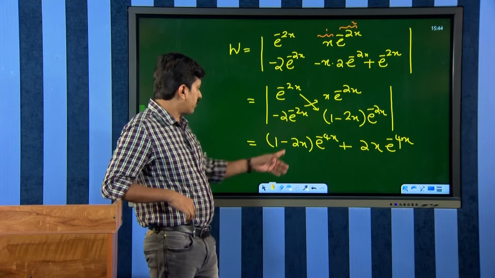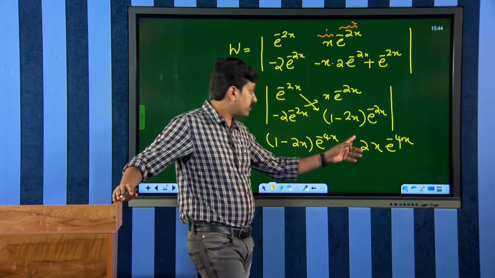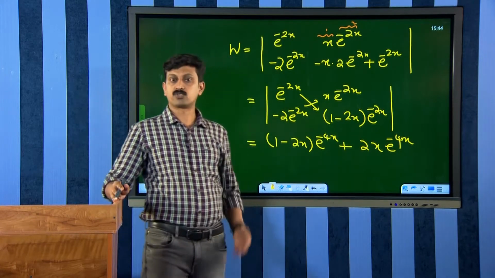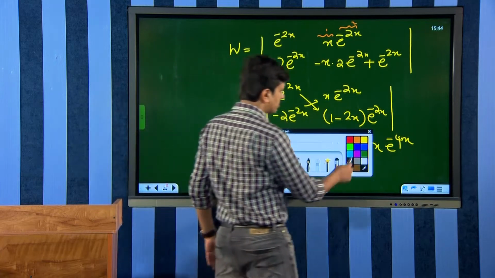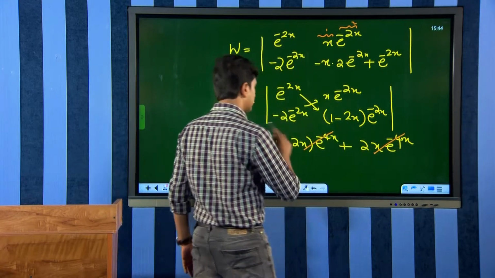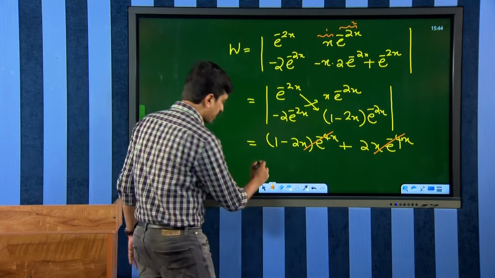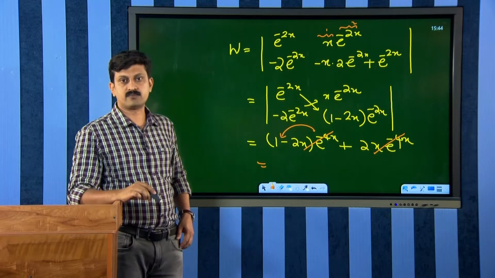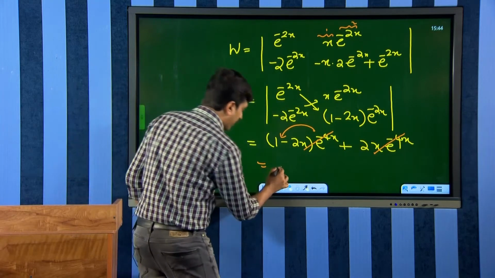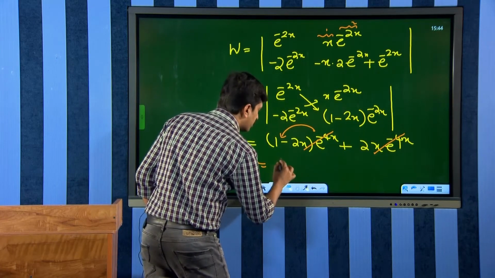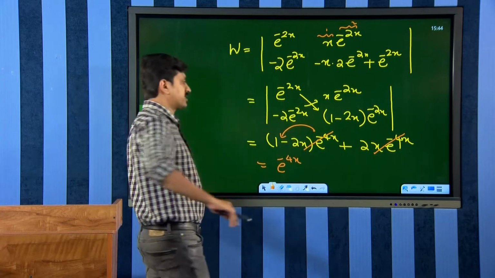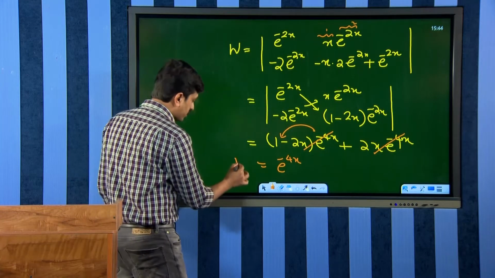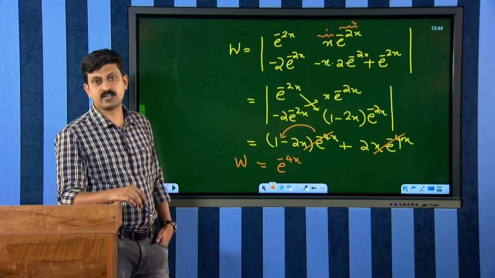So we have -2x e^(-4x) plus 2x e^(-4x). We can cancel these two, and finally we have e^(-4x) into 1. So the Wronskian is e^(-4x), we found the Wronskian.